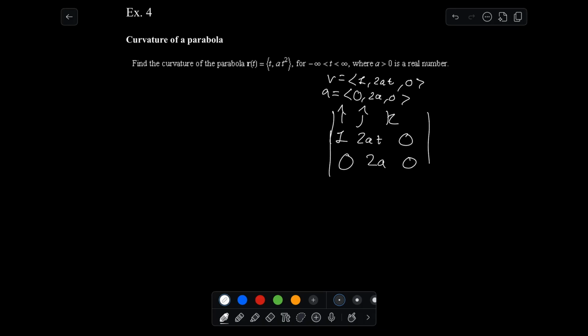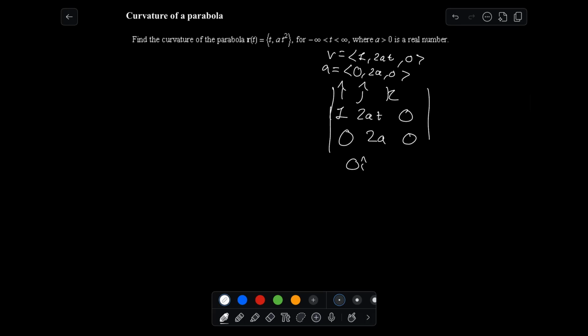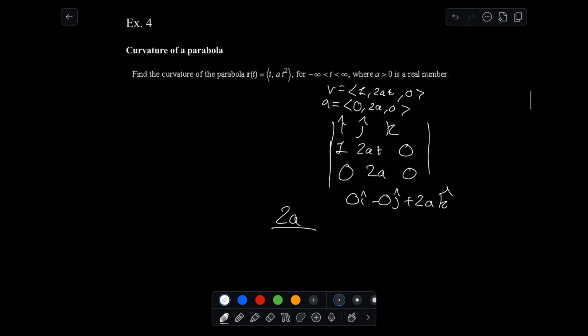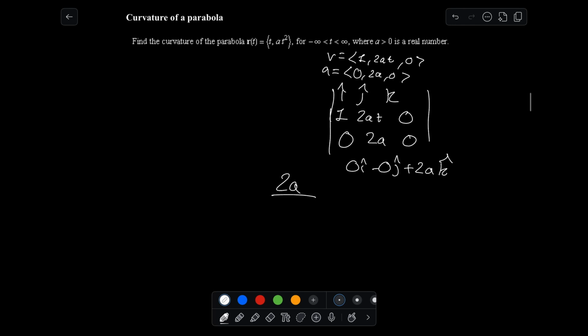Cover your left finger on the i hat. 0, 0 also cancels out. 0 i hat minus, not 0 j hat. Is your 0 j hat? It is. And then k hat is going to be plus 2a k hat. So then we have 2a over the magnitude of V squared.